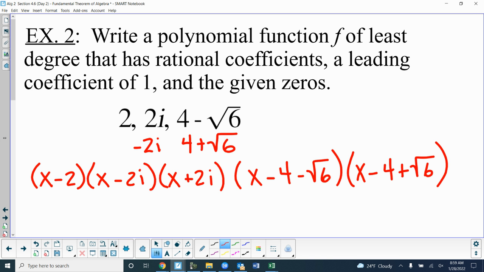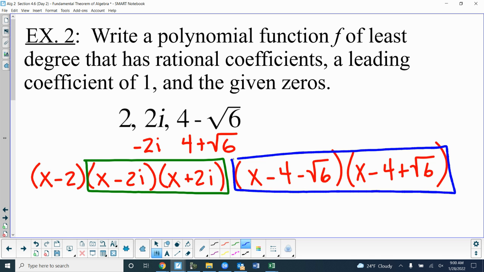Now, this is important. You must multiply these 2 together when you start. You must multiply these 2 together. Okay? Because when we multiply the 2 complex ones, what's going to end up happening with your i's? Everything's going to cancel. There won't be any i's left.